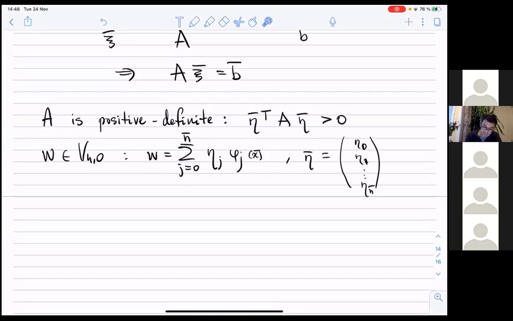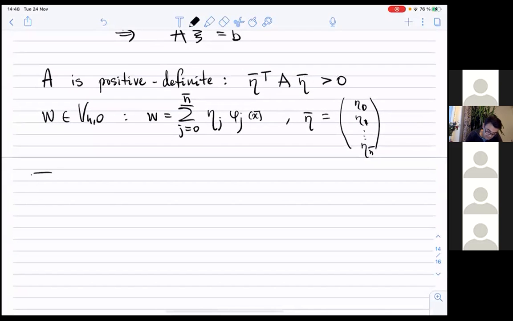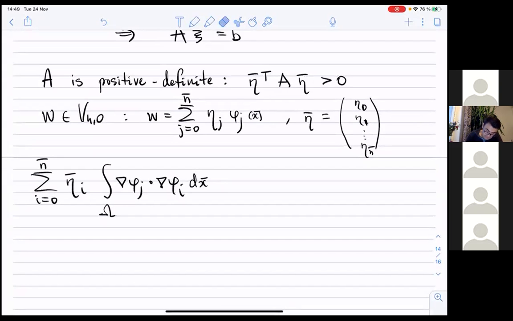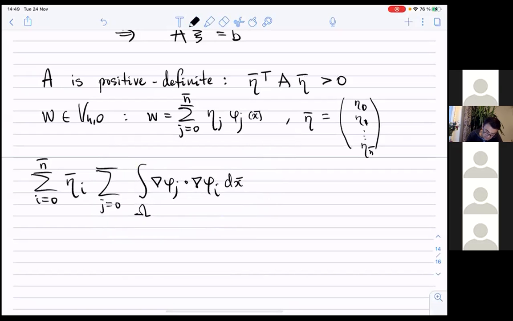If you write down this product, it will be equivalent to the double summation: i equal to 0 to n bar of eta_i, integral over omega of grad phi_j grad phi_i dx, and of course the summation over j equal to 0 to n bar, where we have eta_j.